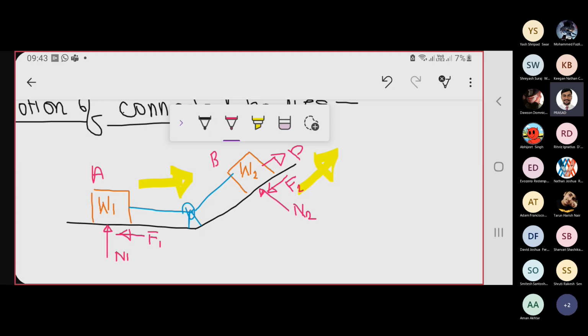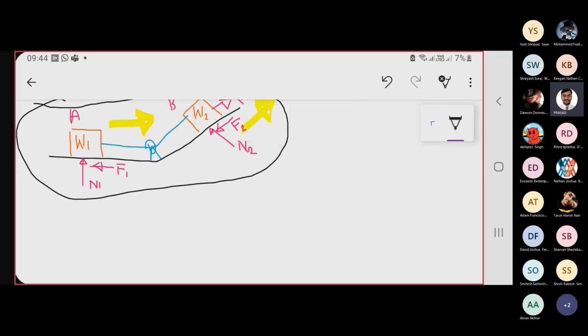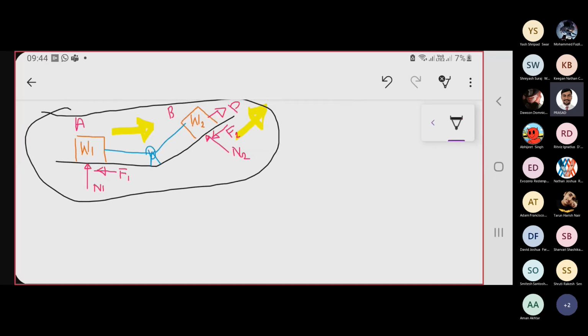Now, when connected bodies are there, what you have to do is consider the total body as one system. And now you have to apply this equation. So what are the forces here? F1 into S, see, direction of motion is opposite, so minus F1 into S, plus the forces acting on body B, that is P is positive along the direction, minus F2 opposite direction.